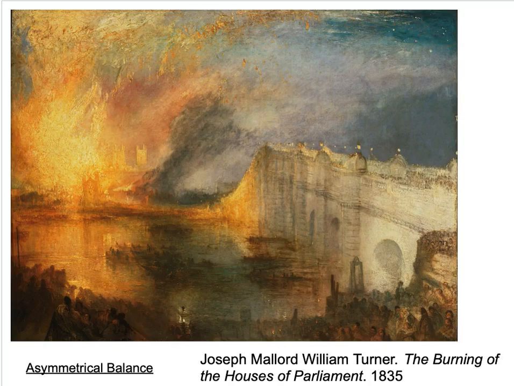So we need to go back into thinking in terms of the elements of art to help us analyze this. Look at the shape, first of all. What shapes or forms, three-dimensional forms or 2D shapes, do you see on the right side versus what you see on the left side?